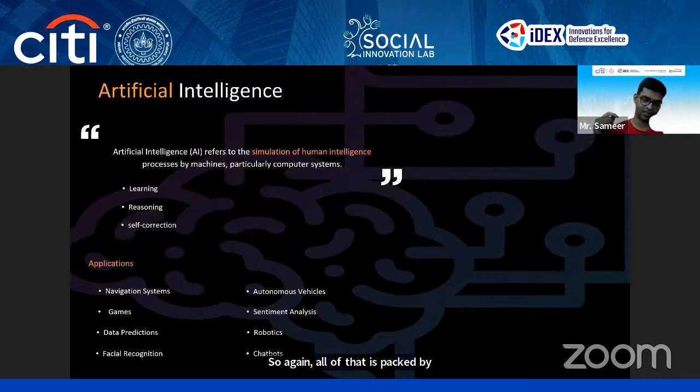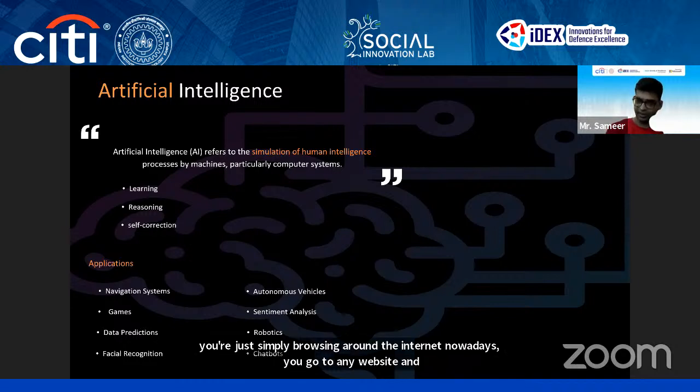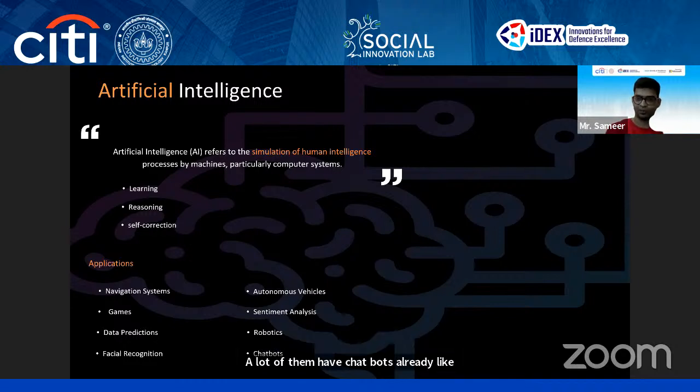And then the classic use nowadays is chatbots. Everybody wants a chatbot now. If you have been working in the industry, or even if you're just simply browsing around the internet nowadays, you go to any website and a lot of them have chatbots already. Like IRCTC has a chatbot now.